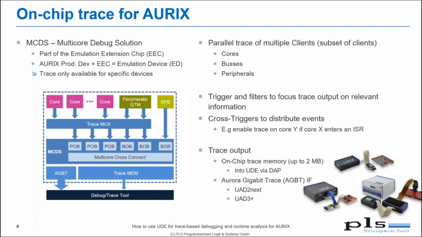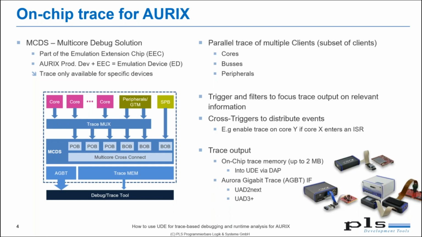So you will find no trace capability if you have a production device or an ECU. Only special development devices provide the trace. These are called the emulation devices, and the emulation devices which have the trace capability are pin compatible to the production chip. That's very important if you design your PCB.